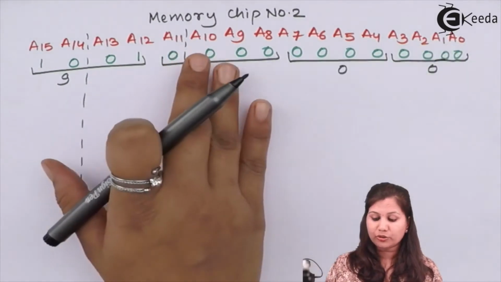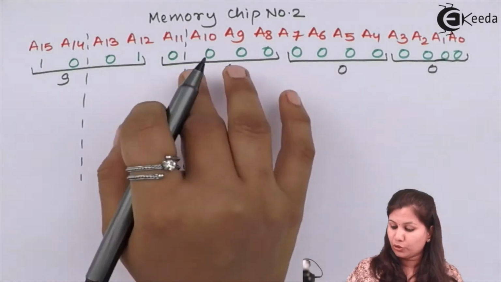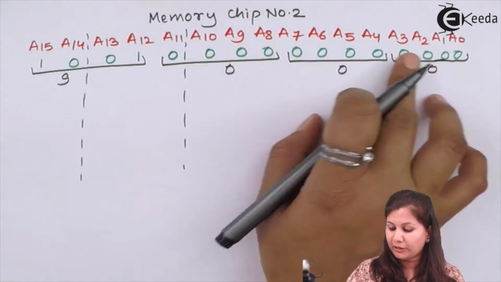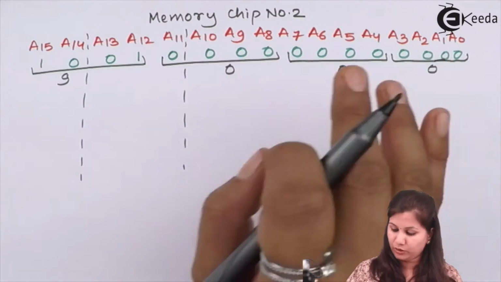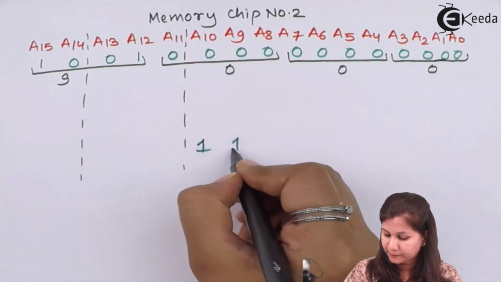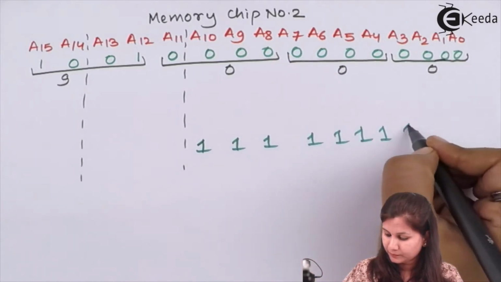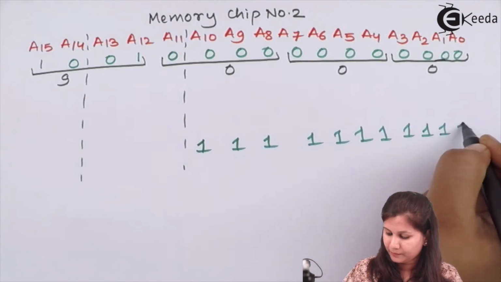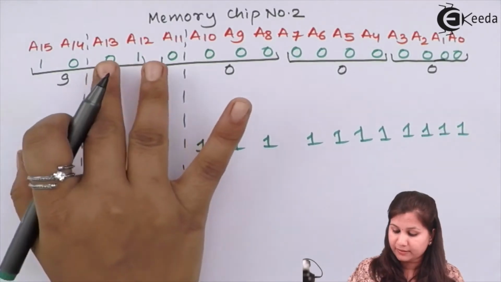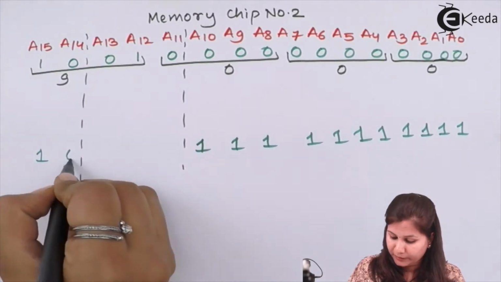Now A0 to A10 can again take any combination. So the lowest value is when all are 0, and the highest value will be when all are 1. Now these 5 address lines will remain constant.